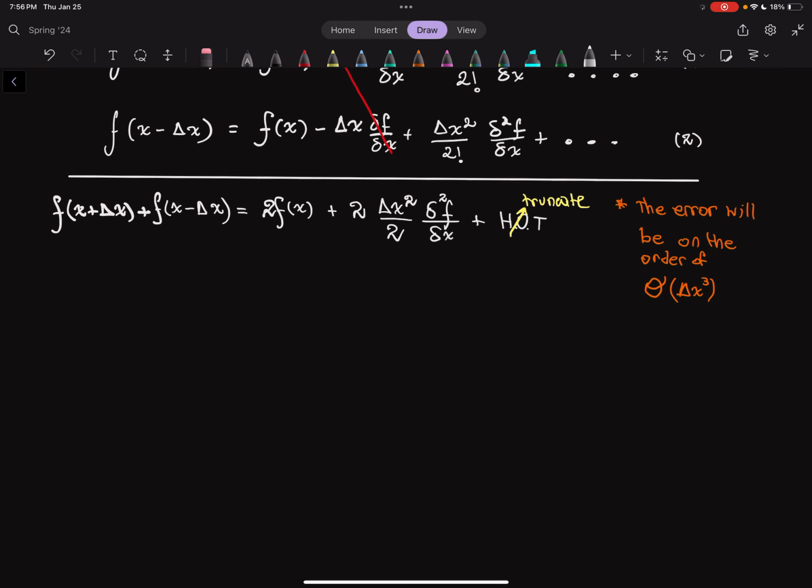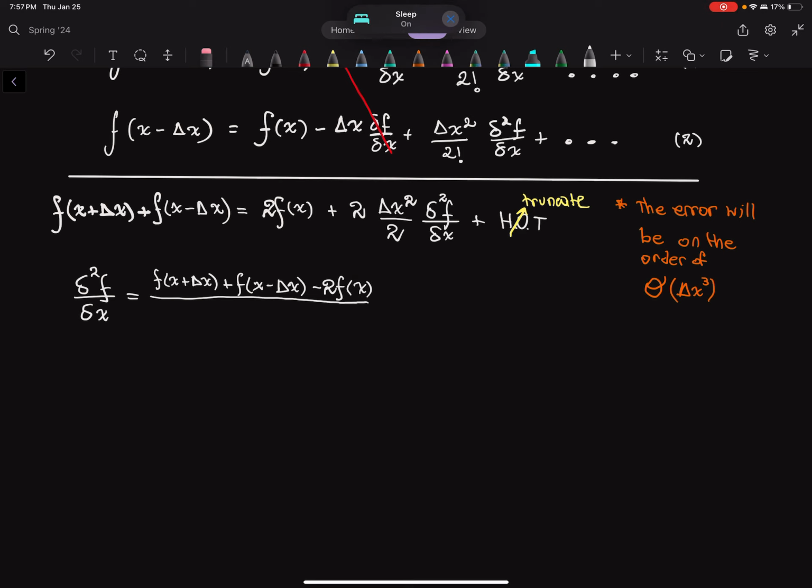So what would we get? Well, the second derivative of our function with respect to x is equal to f of x plus delta x plus f of x minus delta x right here, minus, actually, bring that 2 to the other side, 2 f of x.